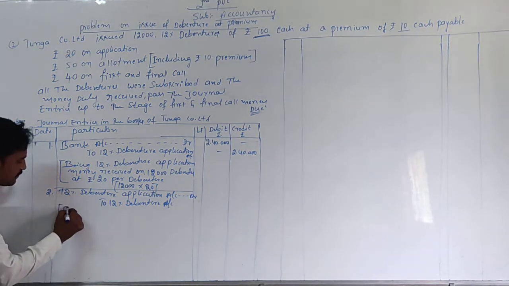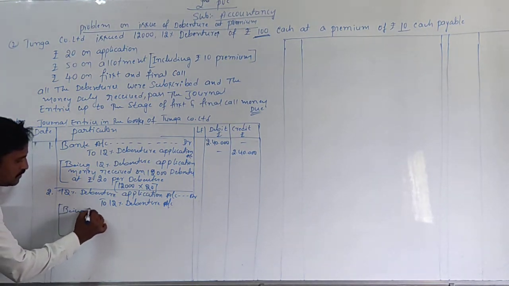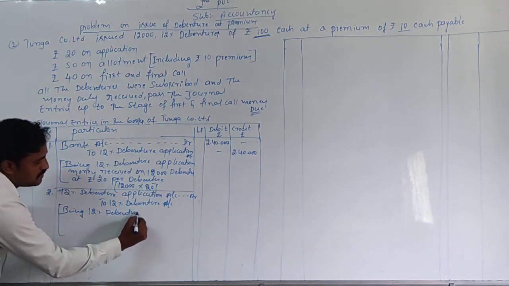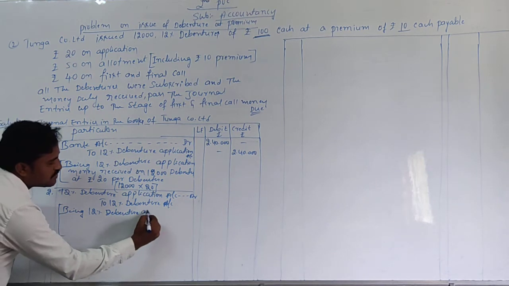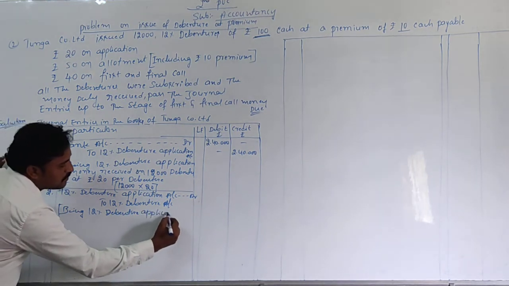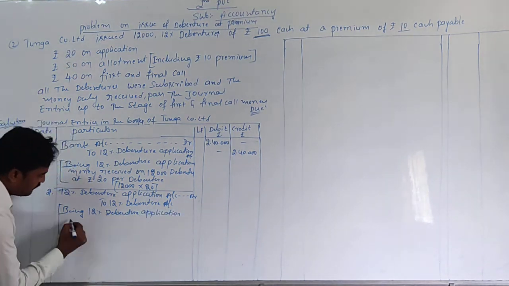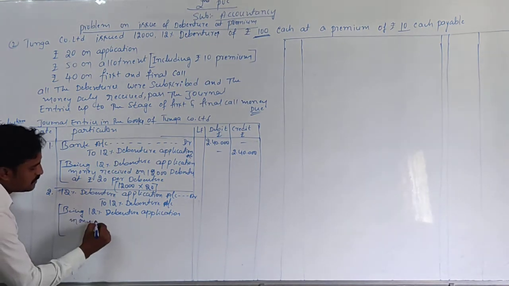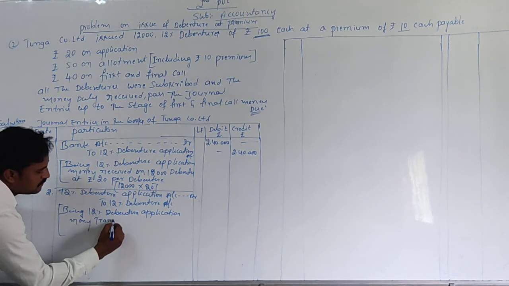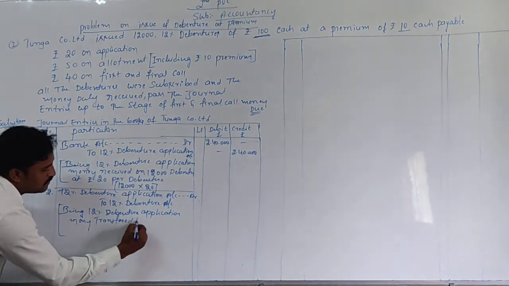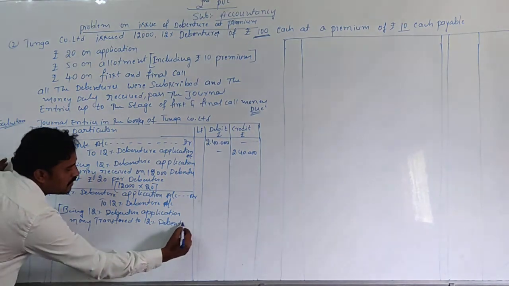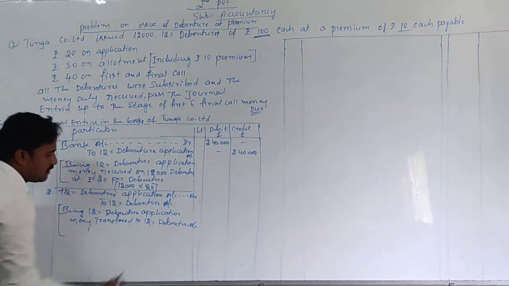Narration: being 12% debenture application money transferred to 12% debenture account.